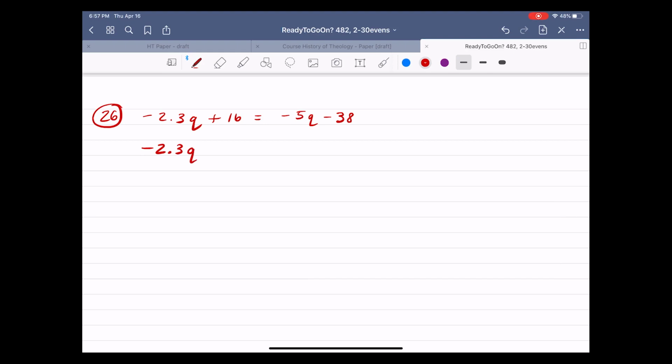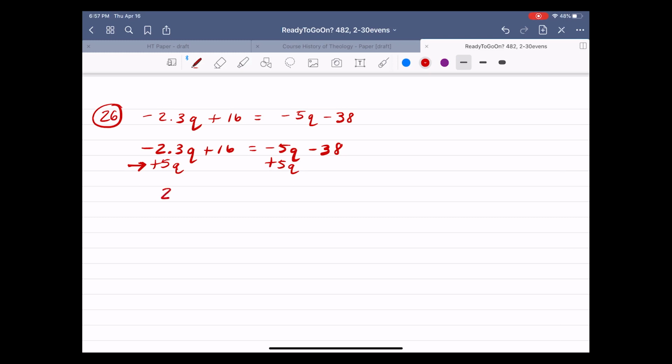It's not a big deal, it just saves you a step in the long run. So I am going to add 5q to the right and add 5q to the left. And I can check on my calculator what the difference is between 5 and 2.3, which is 2.7, and then the sign of the number that appears larger is positive.